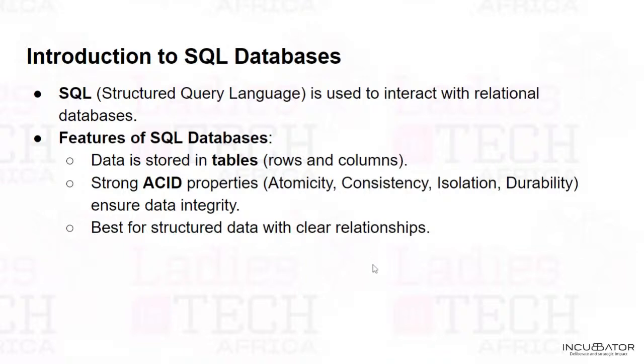Okay, so introduction to SQL databases. SQL, we all know, is Structured Query Language. It's used to interact with relational databases, right? Features of SQL databases: data is stored in tables, and when I say tables, that means rows and columns.